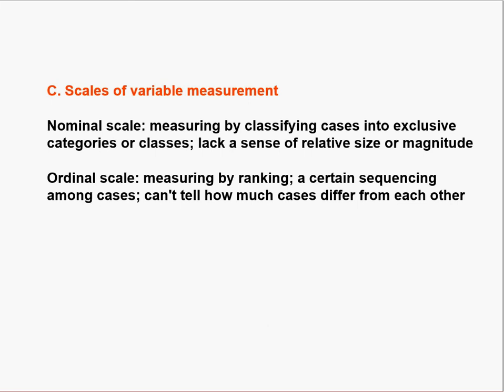Or the income level can be below 10,000, between 10,000 and 30,000, from 30,000 to 50,000, and above 50,000, again giving you a level of ranking. That's an age difference as well: younger age, middle age, older age also gives you a sense of ordering.